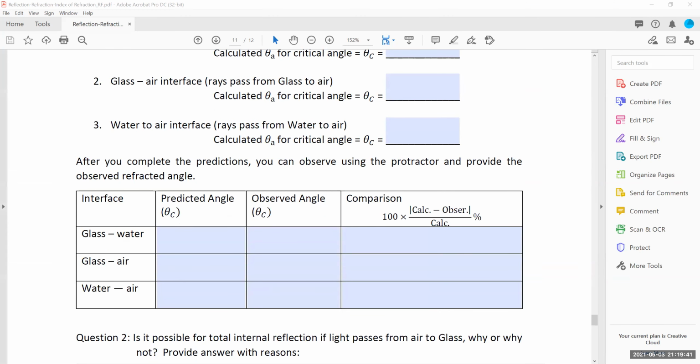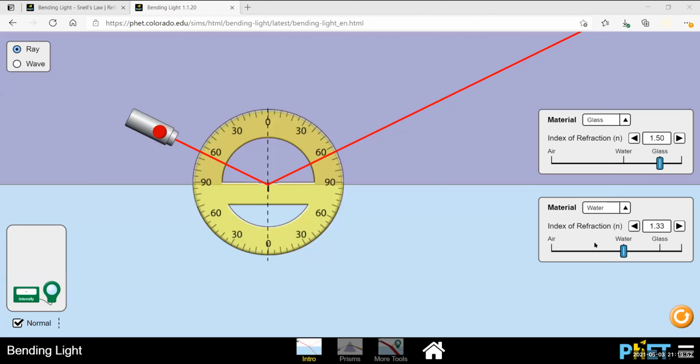So what you do in this case is you come back to your experiment and you observe the values. So you go back. So for example, this is glass and water. And glass and water is actually the first one in the data that I'm supposed to check. So I have already calculated a value for theta C. All I need to do now is find it.